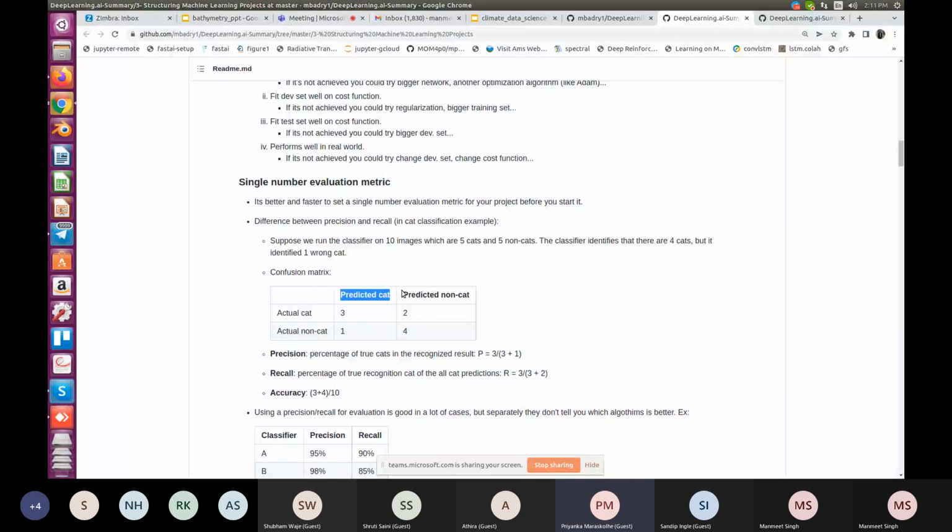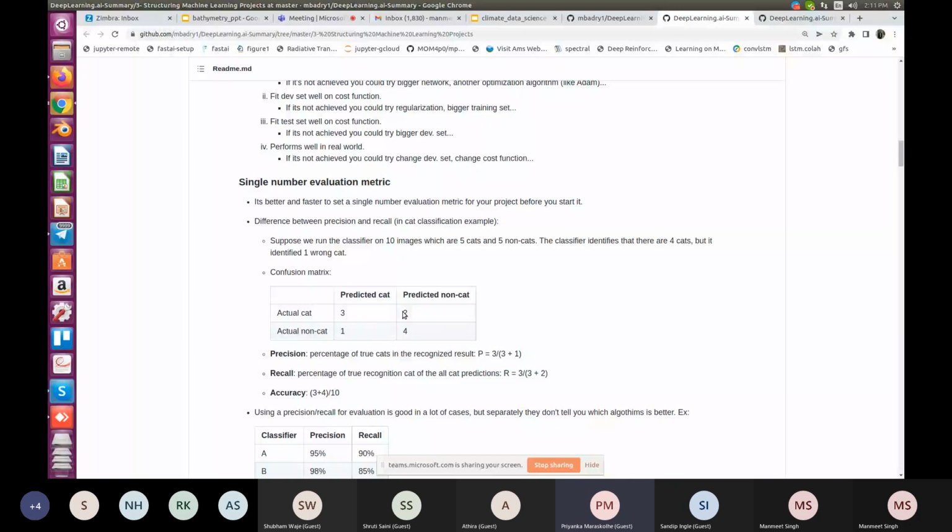So three is the number of cats which were predicted as cats and actually were cats, and one is the number of non-cats which were predicted as cats. Two was predicted as non-cat but was actually a cat.